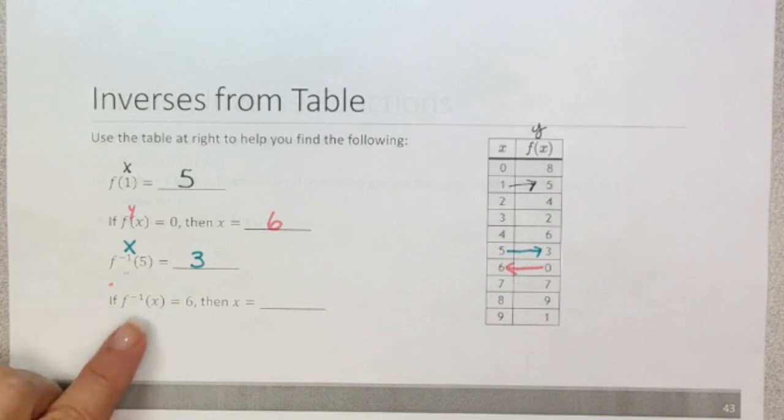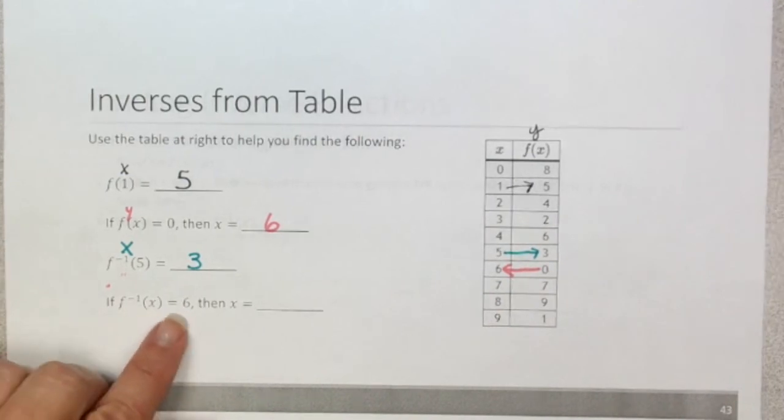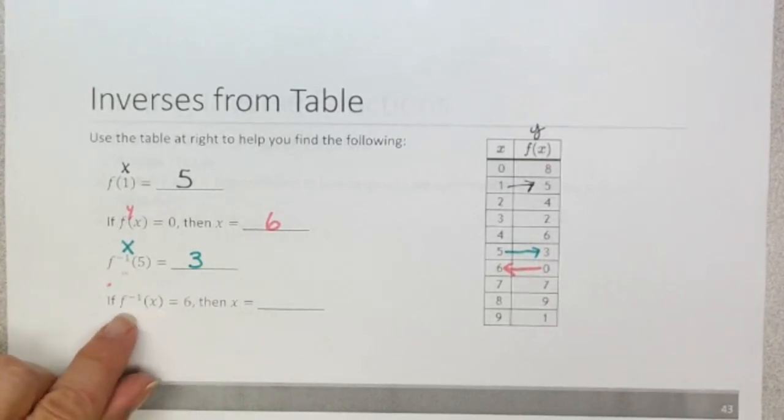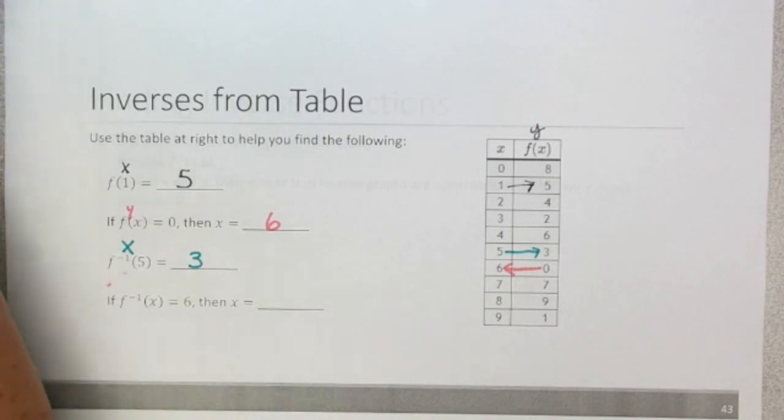Okay. If the inverse of f of x is 6, what is that saying here? Then what is x going to be? Well, if the inverse of f of x is 6, then what is this x input to f negative 1 going to be?